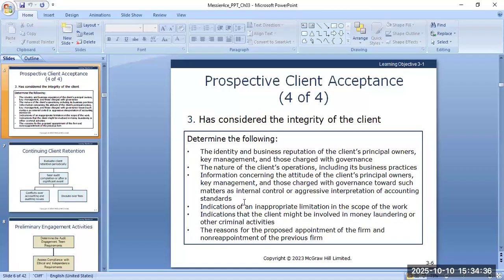Then we have to see, is there any indication of an inappropriate limitation of the scope of the work? Is there any indication that the client might be involved in some activities, which are illegal or criminal activities?